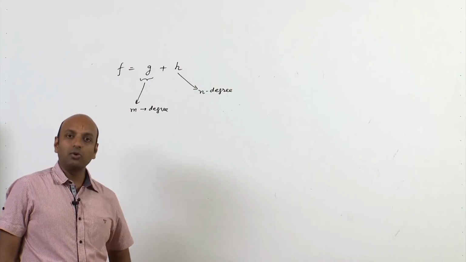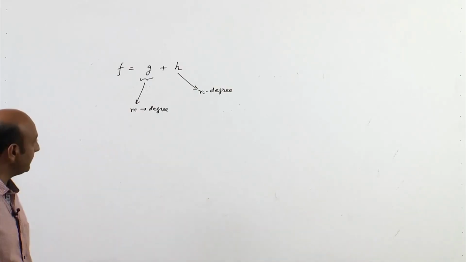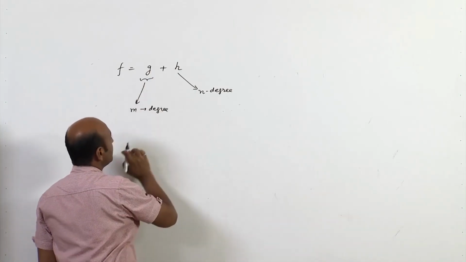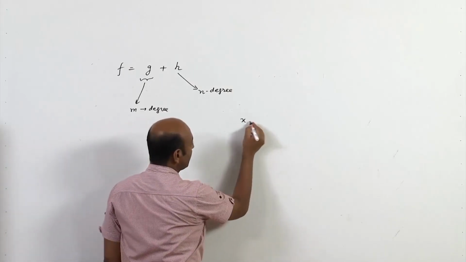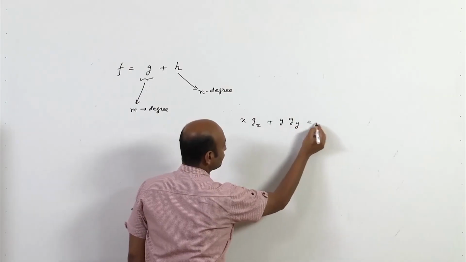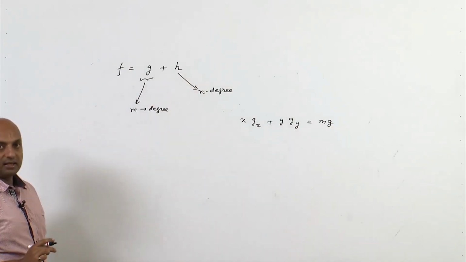So can we apply Euler's theorem for such types of problems? You see, g is a homogeneous function of degree m. So for g, Euler's theorem is applicable. So we can say that x g x plus y g y is equal to m g. h is a homogeneous function of degree n.